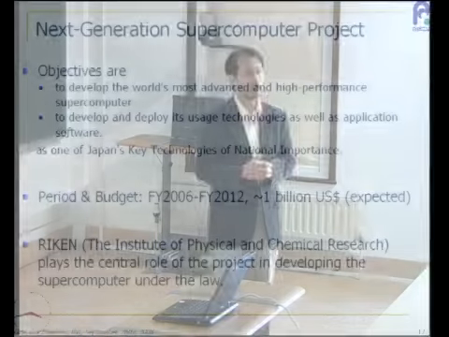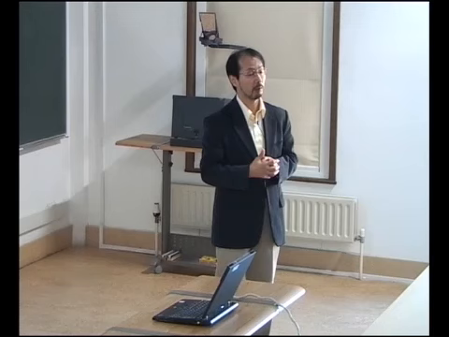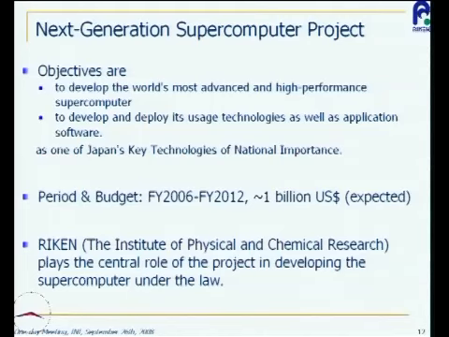And this is assumed one of Japan's key technologies of national importance, which was made by the Council for Science and Technology Policy of the government. So this is a very important project in Japan.